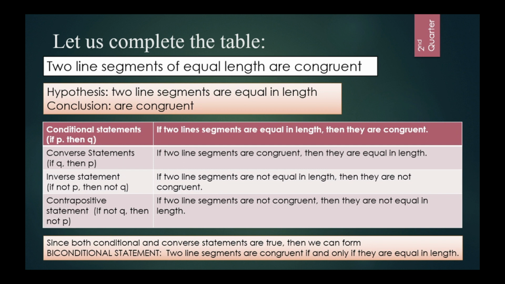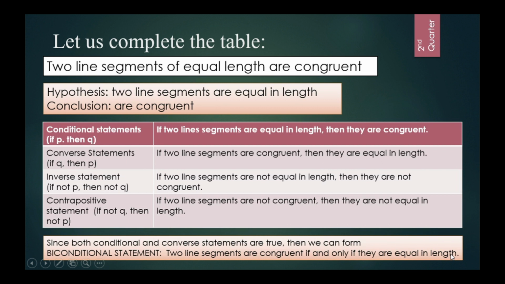Since both conditional and converse statements are true, so itong conditional natin dito ay true at yung converse natin dito ay true, then we can create the biconditional statements. So how? We are just using the word if and only if. So if two line segments are congruent, if and only if they are equal in length.